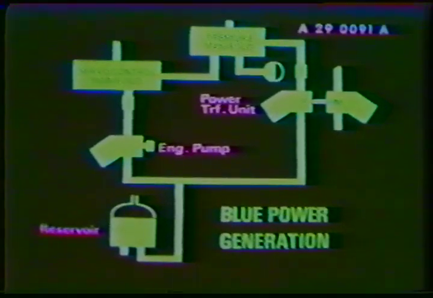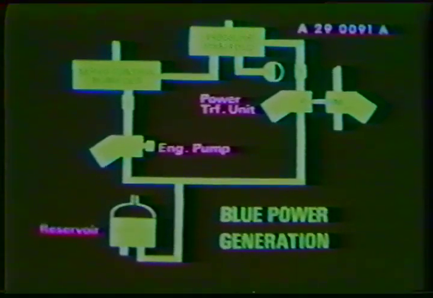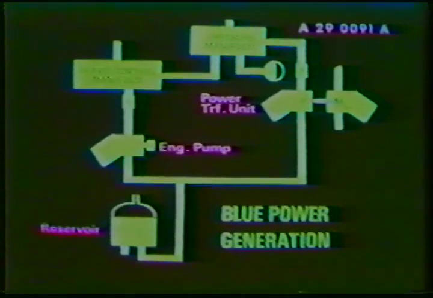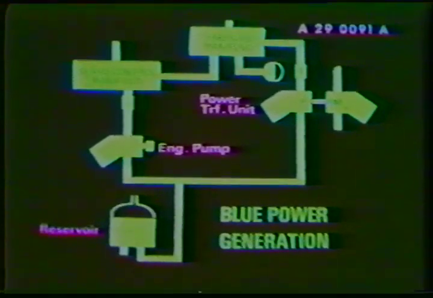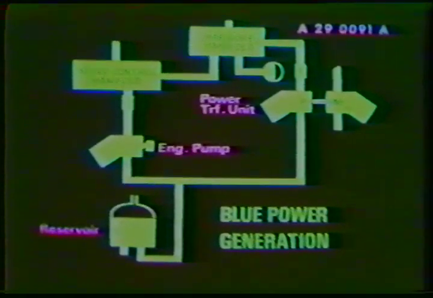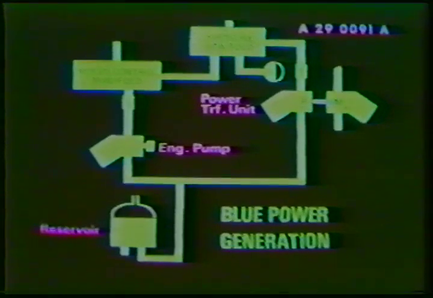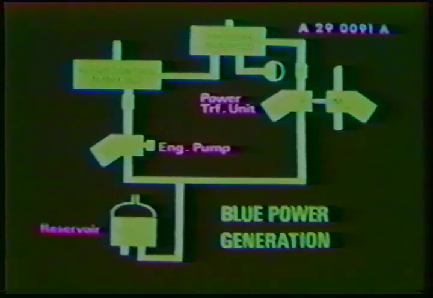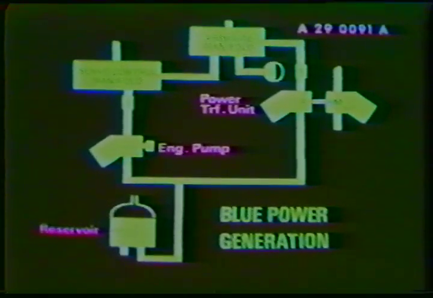The output of the power transfer unit goes directly to the pressure manifold. If the engine-driven pump is inoperative, the PTU can pressurize the servo control manifold through the pressure manifold. These 2 manifolds are the departure points for hydraulic power distribution to the using components.